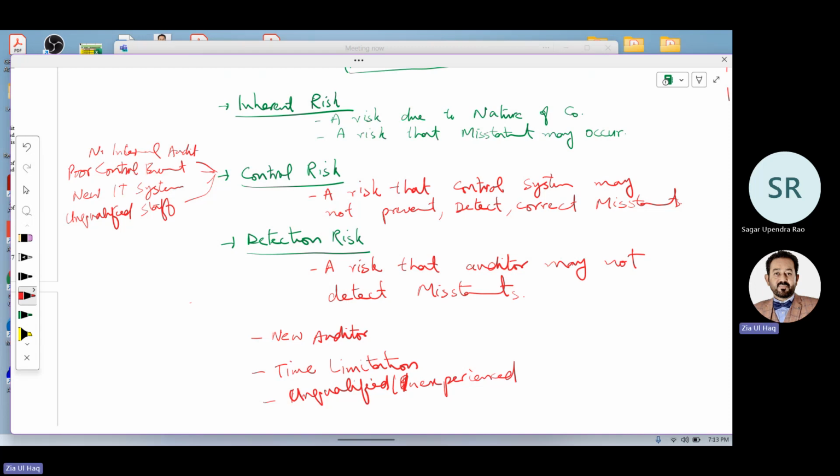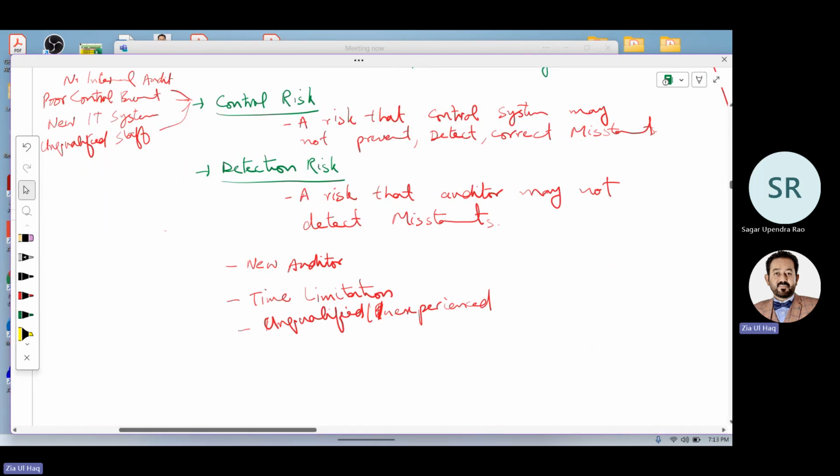We can discuss that. Or there is some problem relating to the previous auditor. Previous auditor resigned due to some issue with the management. Might be management not allowing him access to the records. Might be management not providing him all the information relating to the audit.